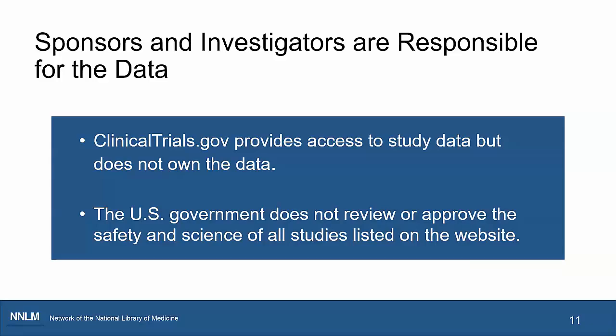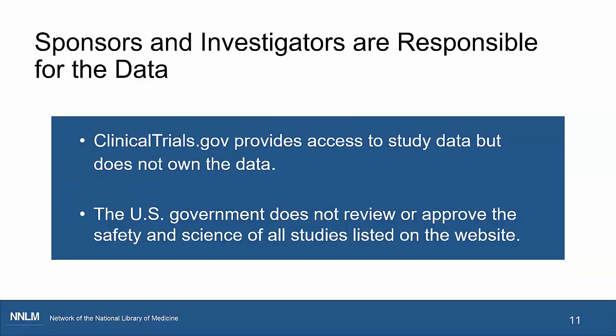So it's important to point out here at the beginning of our class that while ClinicalTrials.gov provides access to study data, it does not own that data. Study sponsors and investigators are responsible for the data that appears on ClinicalTrials.gov, not the U.S. government.